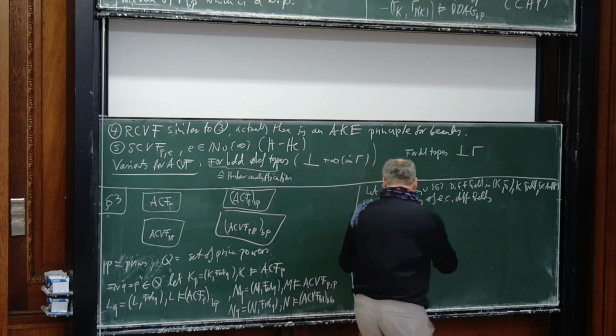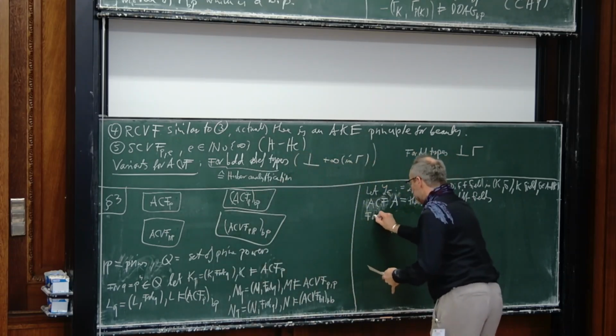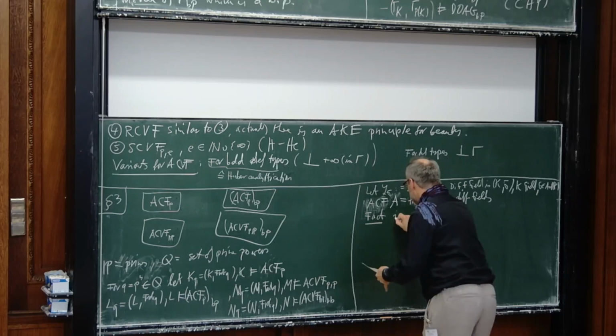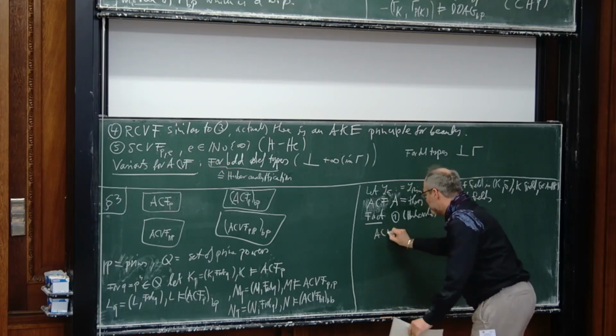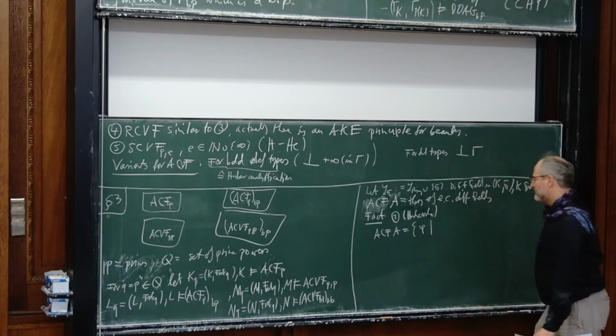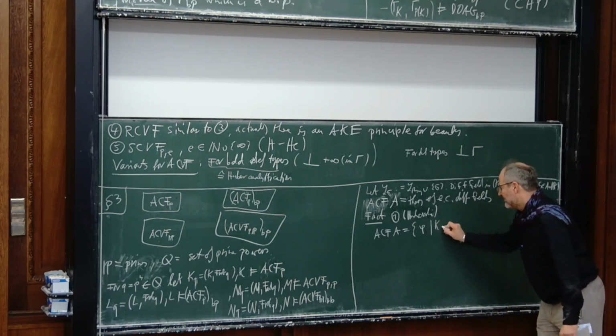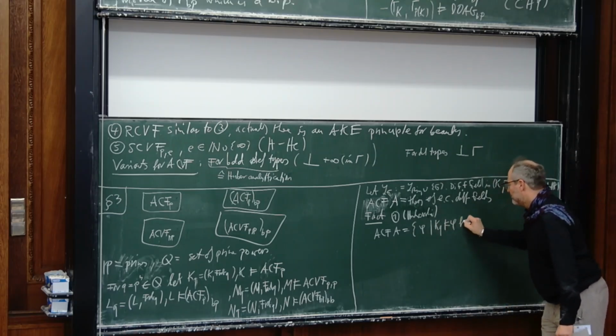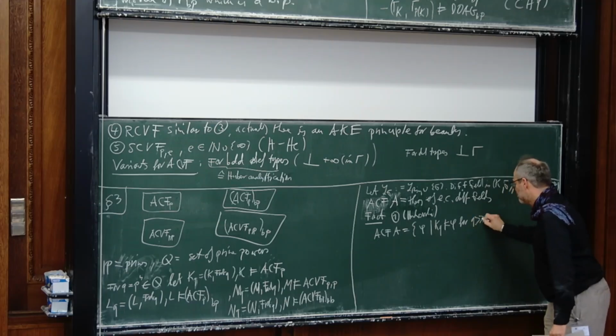And so here is a fact, which is a big theorem, due to Hrushovski. ACFA is nothing but the limit theory of those sets such that K_Q satisfies phi for Q large enough.